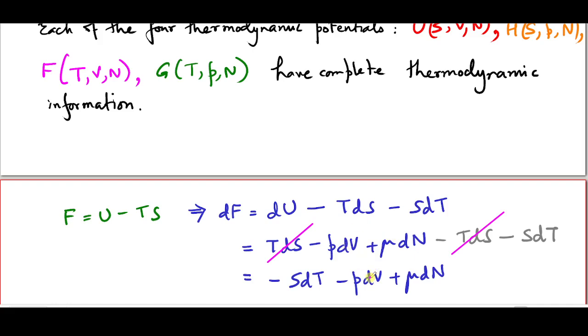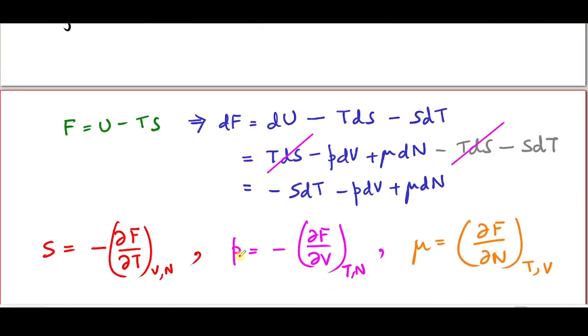And from here, it's obvious that you can find out S, P and mu by carrying out appropriate partial derivatives. Del F del T at constant V and N would simply be minus S. Similarly, P can be immediately read off from this expression to be minus del F del V at constant T and N, and mu, the chemical potential, is del F del N at constant temperature and volume.